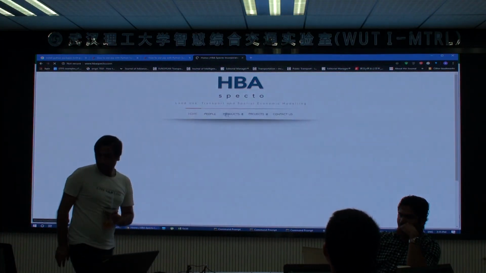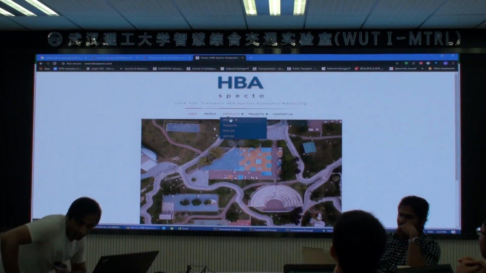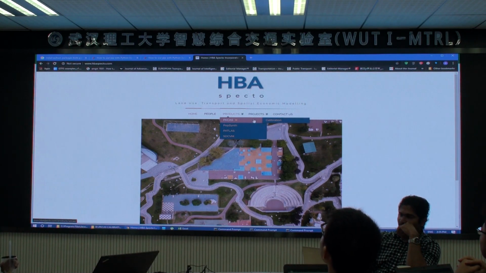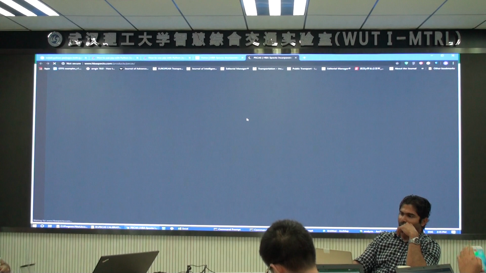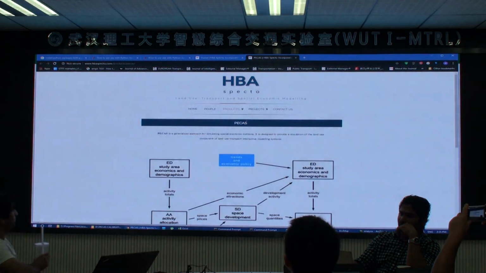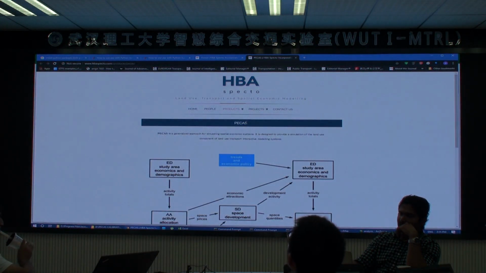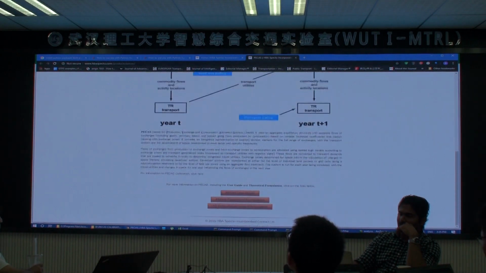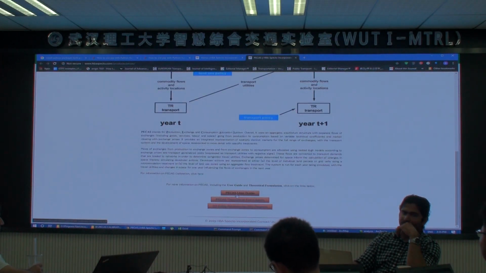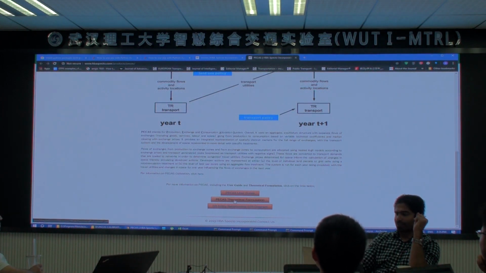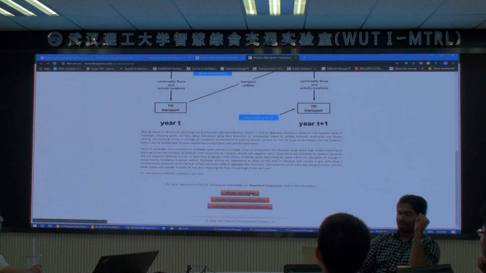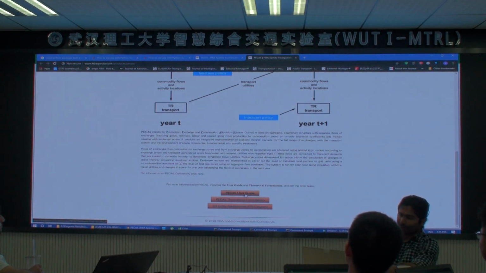If you go to this website, there's a folder called PECAS. You can download all the documentation for these equations, the equation model and the ST module from this website. Just click and you can download them.